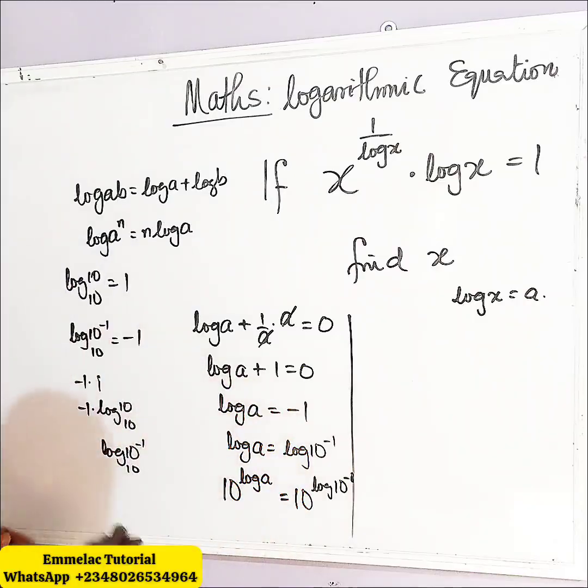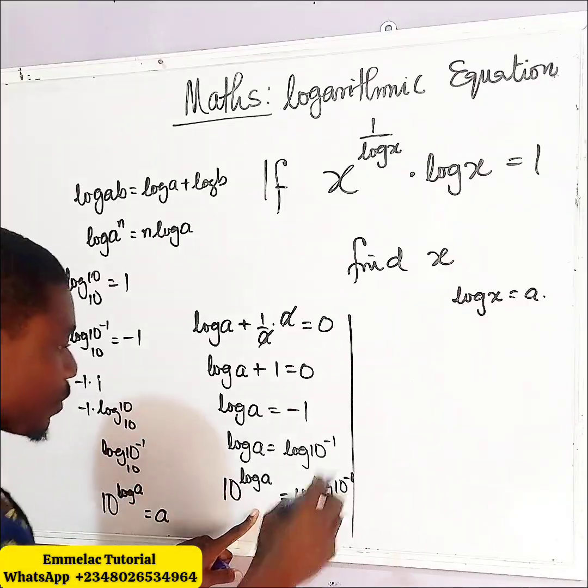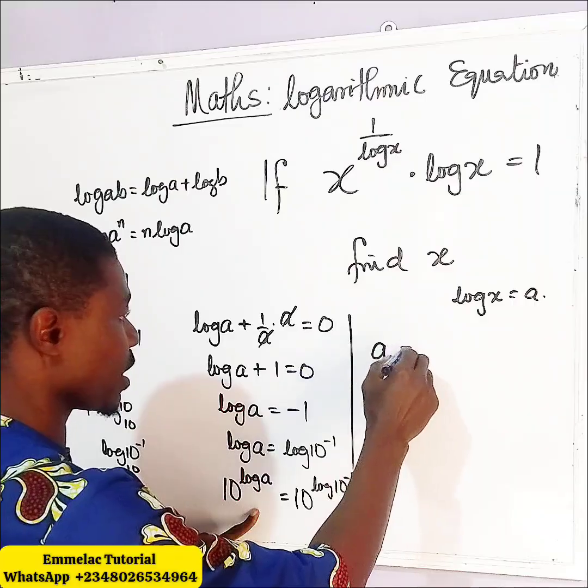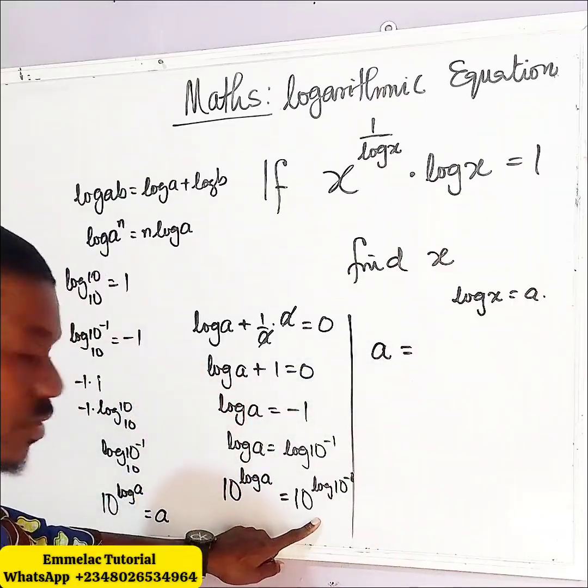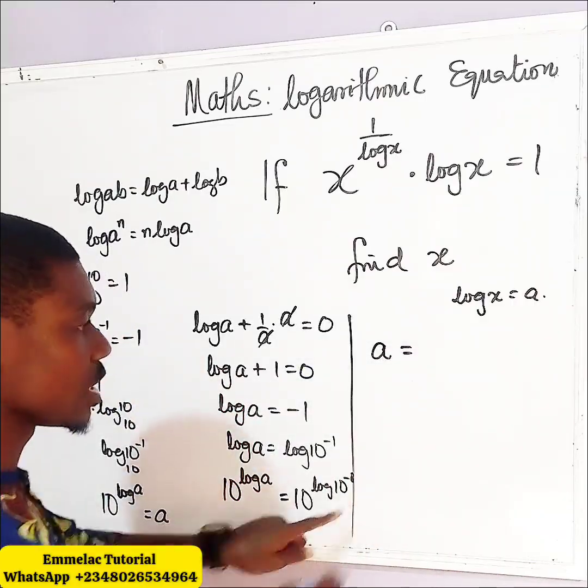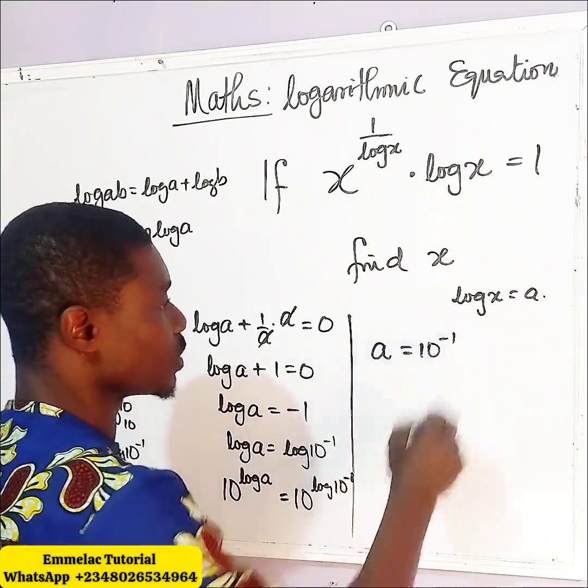Take note that if you have 10 to the power of log a, the answer will give us a. So to this end here will give us a, equal to this end, which gives us 10 raised to the power of minus 1.